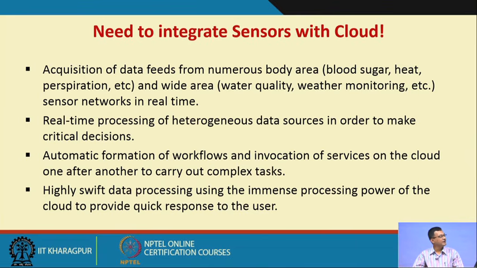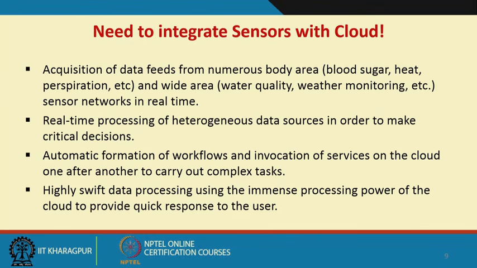The acquisition of data feeds from numerous body area networks, like different types of body parameters, and wide area feeds like water quality monitoring, whether small or large scale, that sensor networks need to handle in real time.